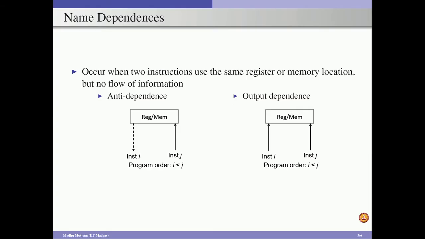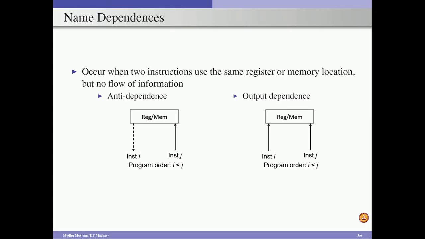If instruction I completes its execution first and instruction J completes afterwards, then the final value stored in the register is the value written by instruction J. On the other hand, if instruction J executes first and instruction I executes later, then the final value stored in the register will be the value written by instruction I.